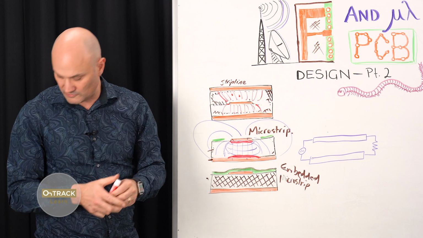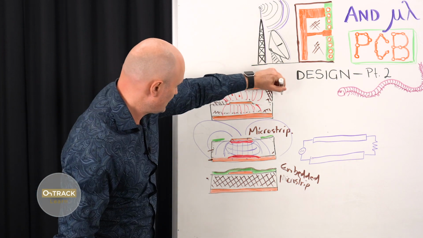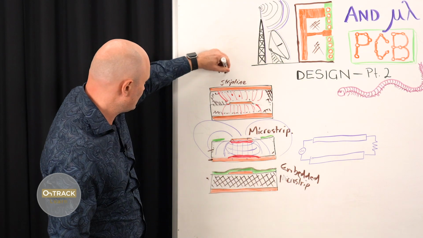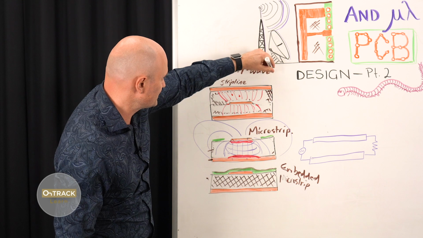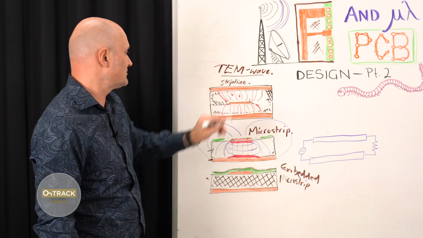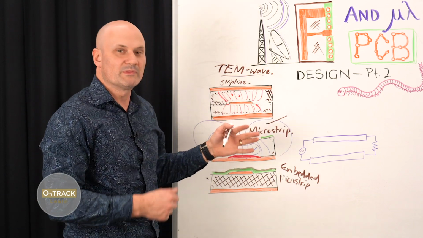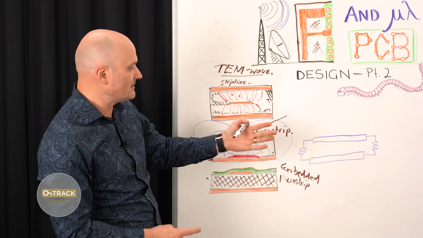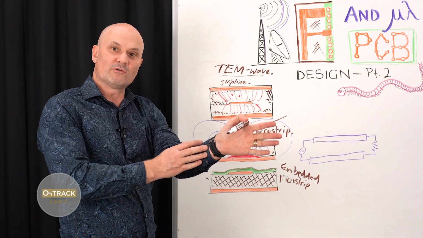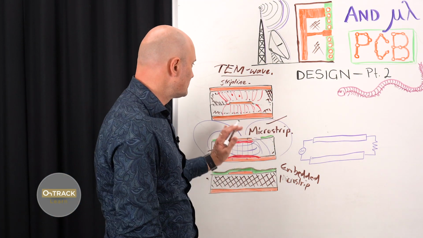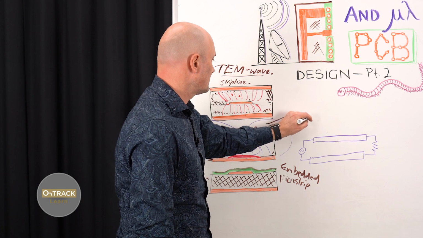So this is what we call TEM, transverse electromagnetic wave propagation, TEM wave. And that's what we have in a strip line. In a microstrip, the signal of interest is still mainly transverse to the direction of propagation of the wave. And so we still often refer to it as this, but it's really quasi-TEM.